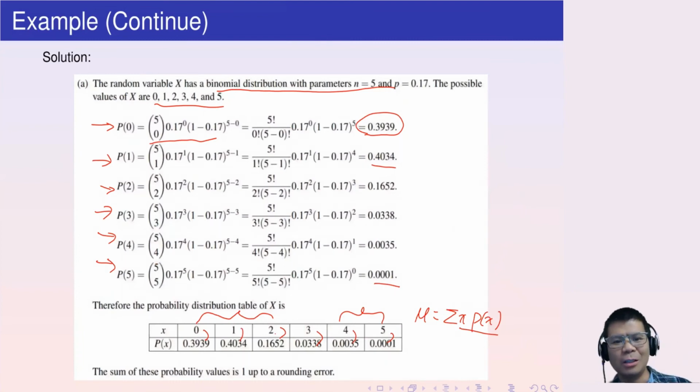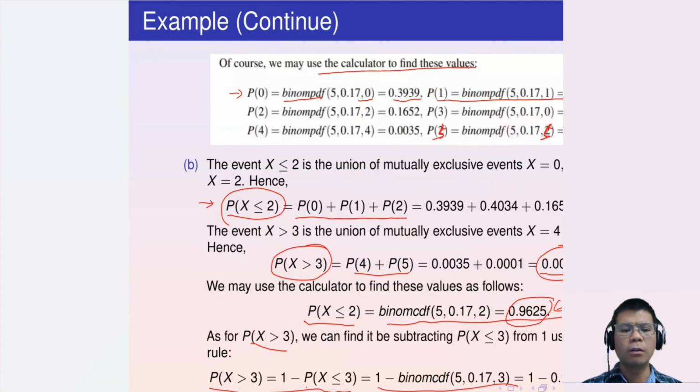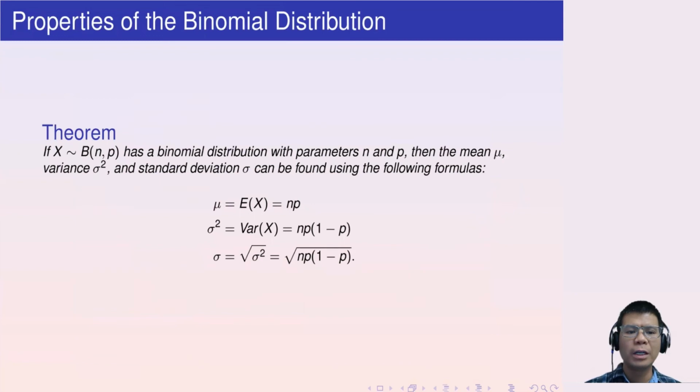So it's a very, very long process. And this is just the mean. So what about the variance? In order to find the variance, you need to find another product, and then use the formula, so that's going to be even longer. Now, fortunately, for binomial distributions, we have the following theorem.